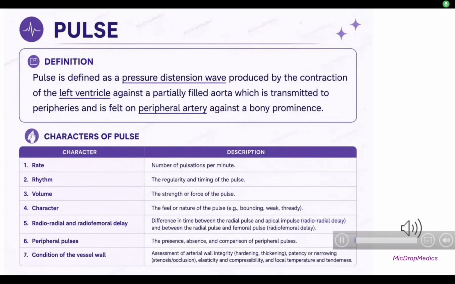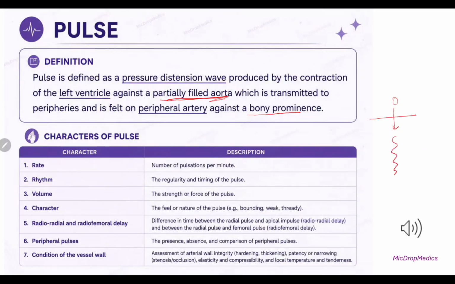So let's start with the official definition. A pulse is a pressure distension wave which is produced by the contraction of the left ventricle against a partially filled aorta, which is then transmitted to the peripheries and is felt on a peripheral artery against a hard bony prominence. Think of it like dropping a pebble into a still pond. The ripples that travel outward are the pressure wave.